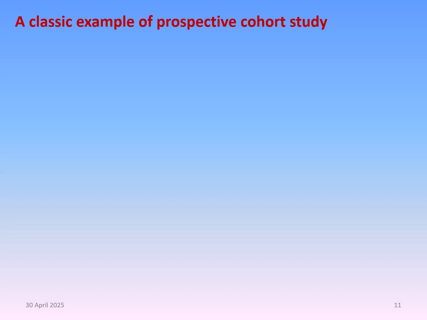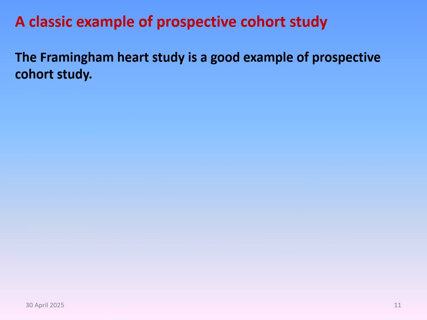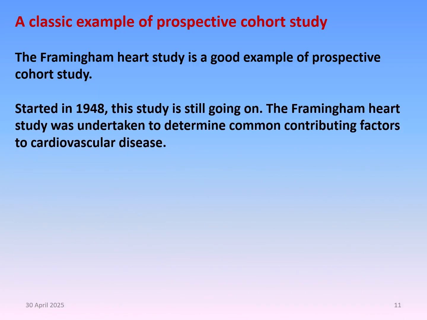Now we can go through a classical example of prospective cohort study. Framingham Heart Study is a good example of prospective cohort study. It was started in 1948. This study is still going on. The Framingham Heart Study was undertaken to determine common contributing factors to cardiovascular disease.